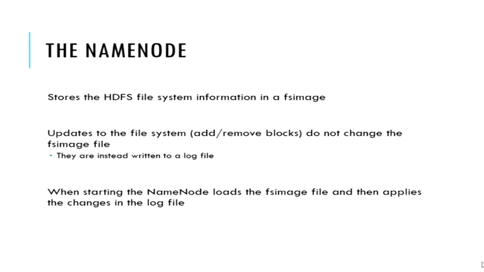The first one is the name node. Now this is responsible for storing the file system information in a file store image. Any updates that are required to the file system, for example, adding or removing blocks, removing files, do not change the FS image directly. They are rather written to a log file.